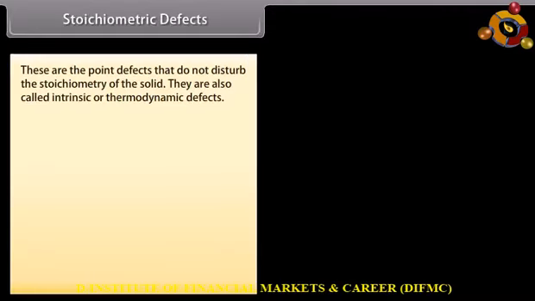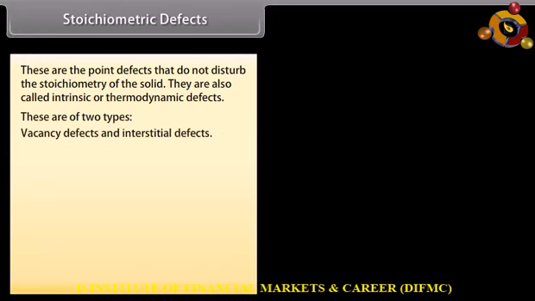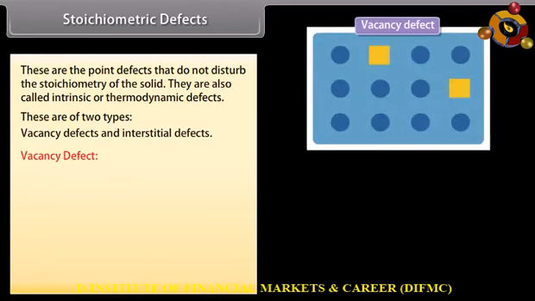Stoichiometric defects. These are the point defects that do not disturb the stoichiometry of the solid. They are also called intrinsic or thermodynamic defects. These are of two types: vacancy defects and interstitial defects. 1. Vacancy defect.